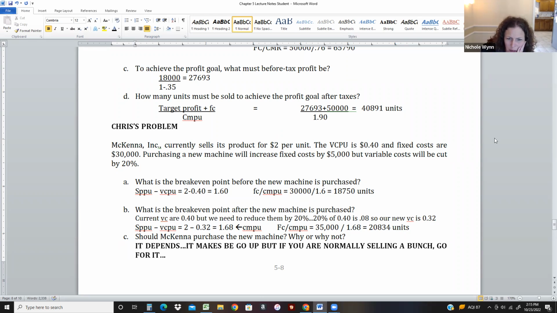If we normally operate right around the break even point, you're going to have to sell an extra couple thousand units to cover that. But if we normally have profits, if instead of 18,750 we normally sell 30,000 units, then I would say go ahead and do it, because the per unit cost is going to be different and it's going to save us money. So you'd probably come out better.